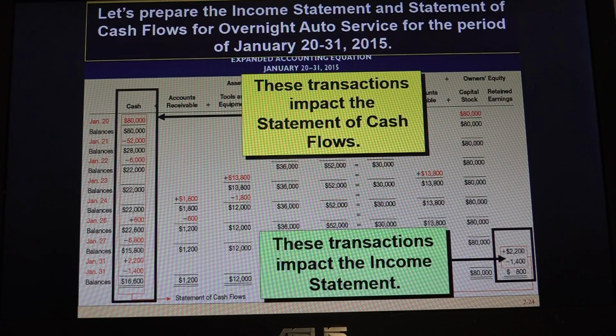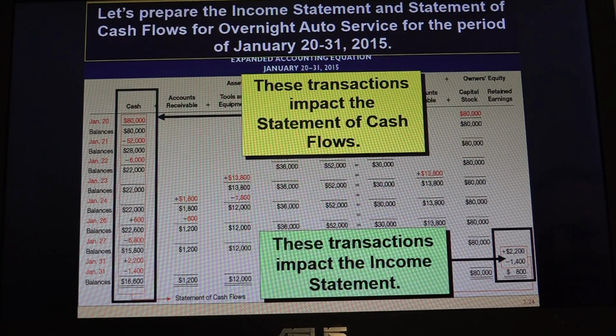You have cash flows from operating activities, cash flows from investing activities, and cash flows to and from financing activities. So we'll take a look at that in a second.